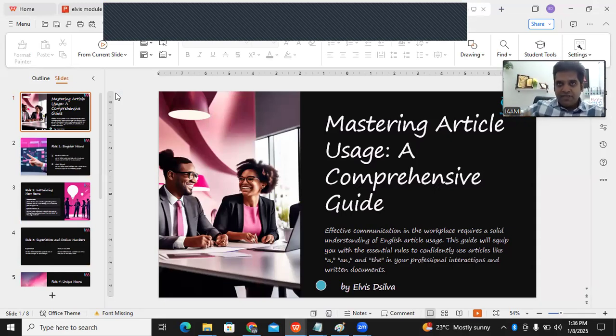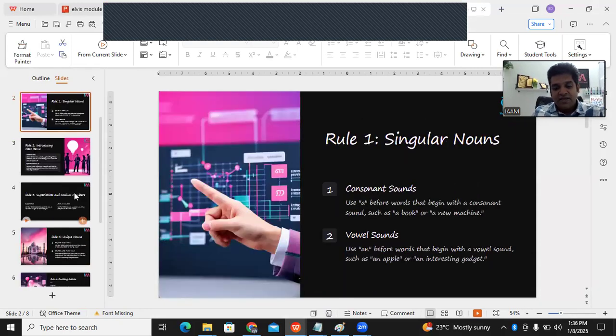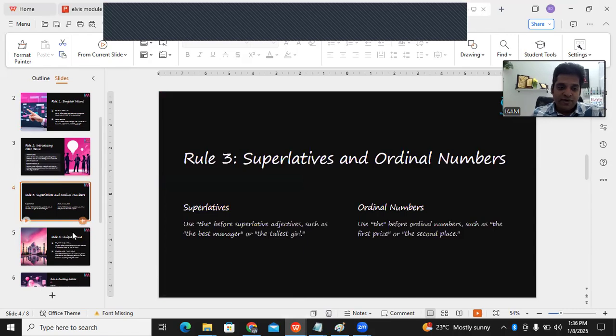Because, sorry to say, some of them come from non-English medium schools. Though they are engineers, BSc, MSc, IT professionals, they write their papers in English. But when it comes to spoken English, they make a lot of mistakes. And this is one of the areas where they make mistakes apart from tenses. So these are the 7 golden rules of articles.